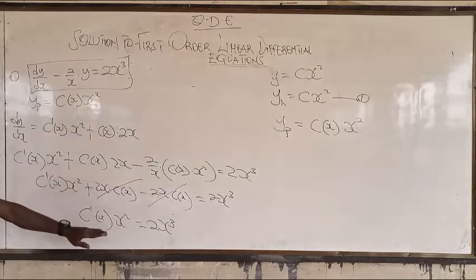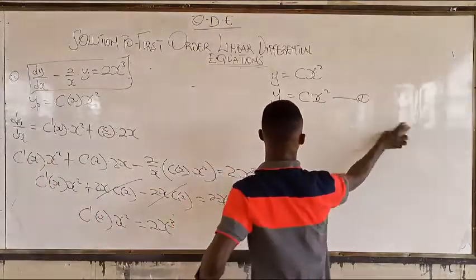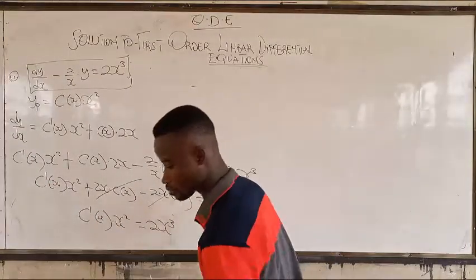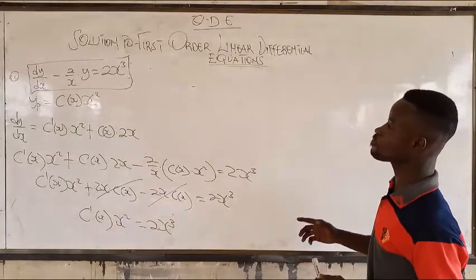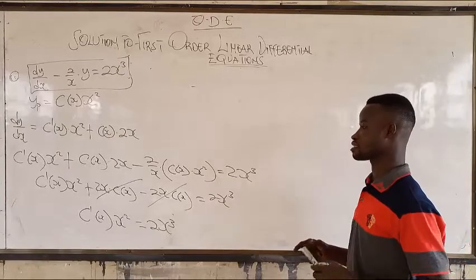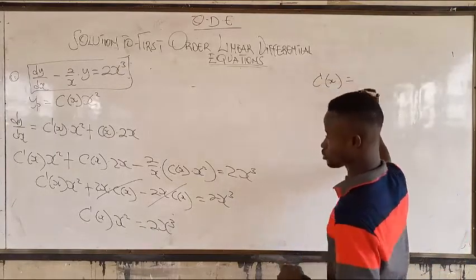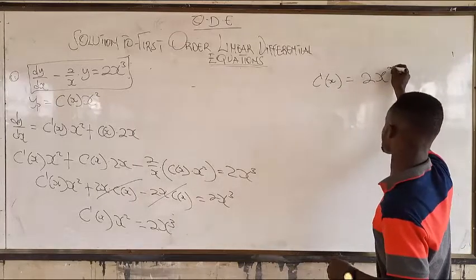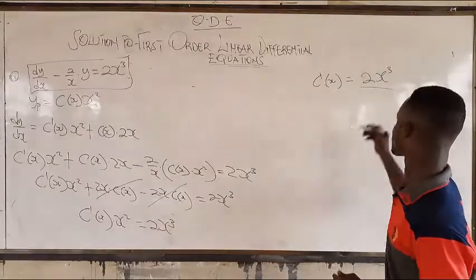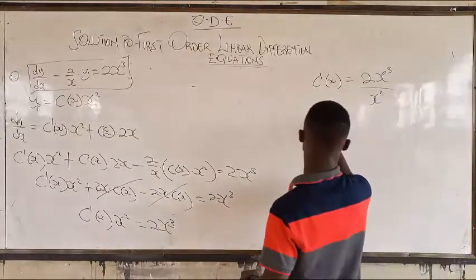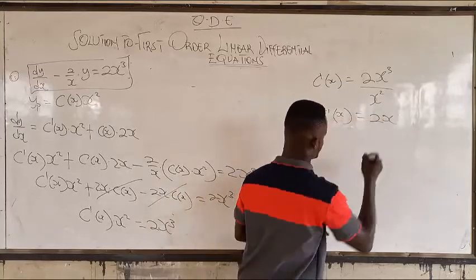So we have this to equate to this. Alright. Now don't forget, we are looking for c of x. So we make c prime the subject. So we get 2x raised to the power 3 over x squared. So c prime of x is equal to 2x.